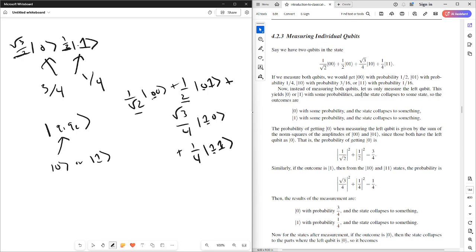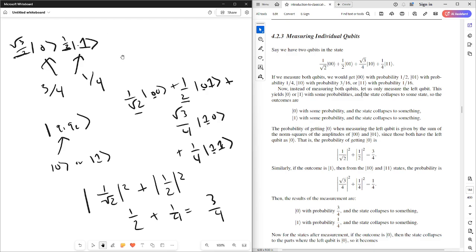Because these are the positions where the left qubit is 0. So it's norm square of 1 over square root of 2, plus norm square of 1 over 2, which equals 1/2 plus 1/4, which equals 3/4.